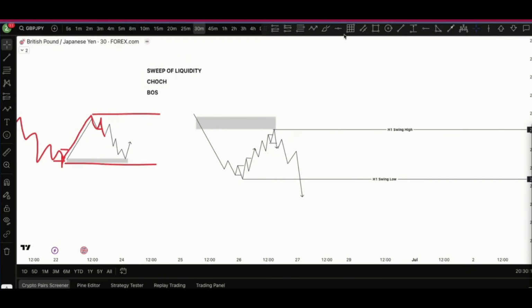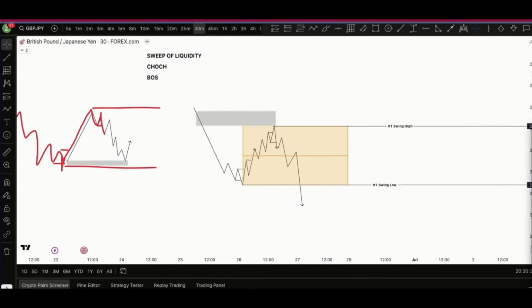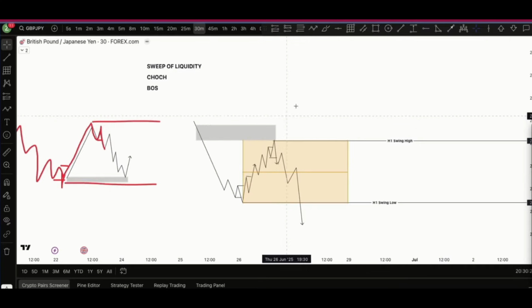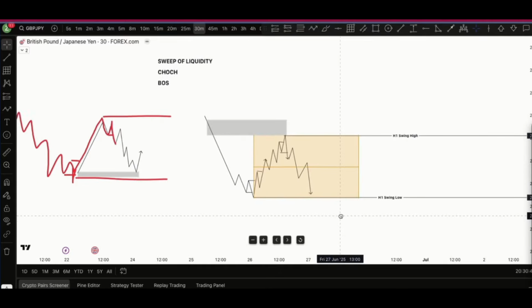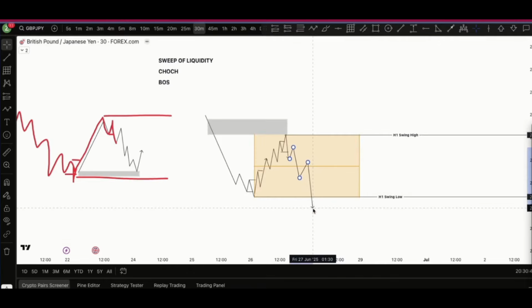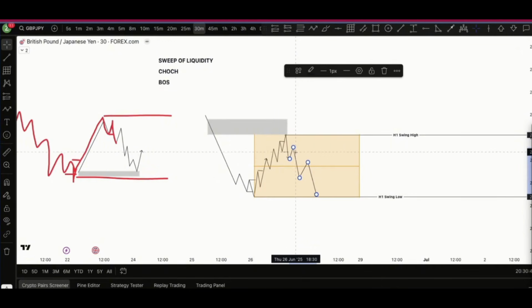So in this case, from this swing low to this swing high is our trading range. So anything above this, you don't bother yourself. You only consider this zone from this swing low to this swing high. That is where you are going to consider taking your trade from until price takes out this low or takes out this high.